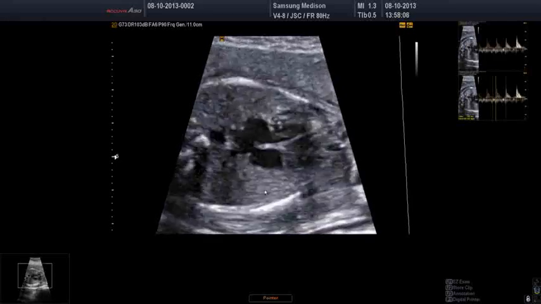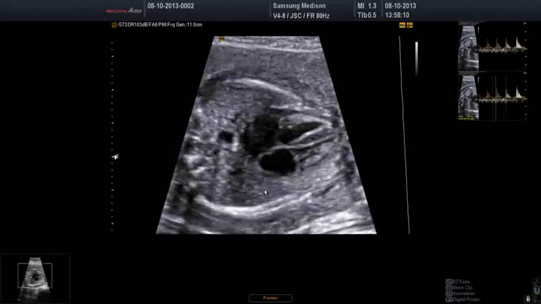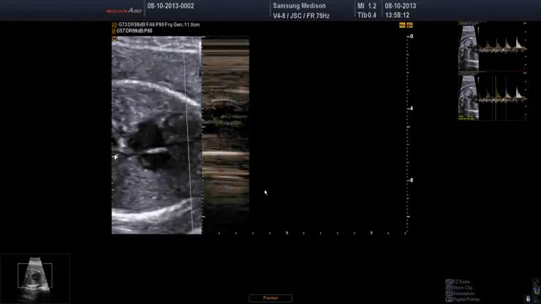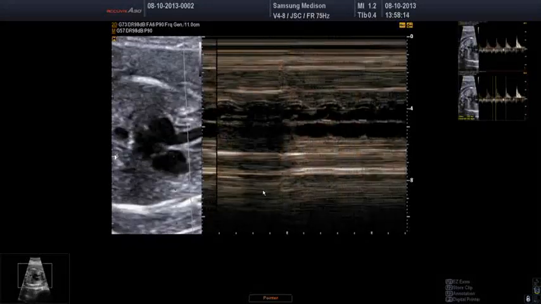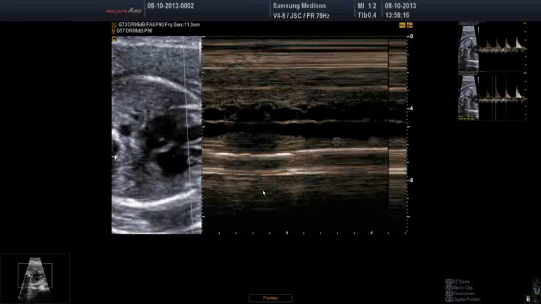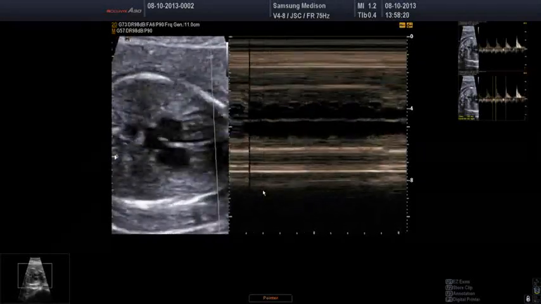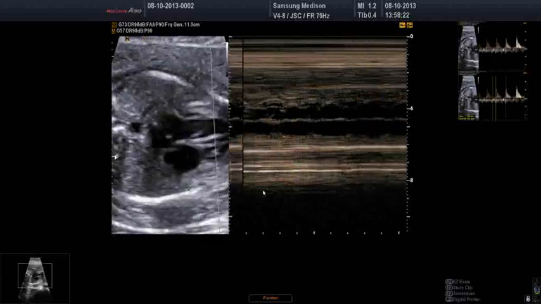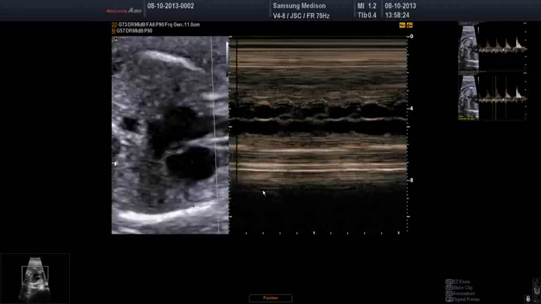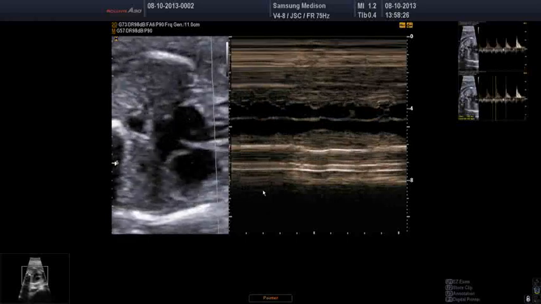And I think I'm going to start perhaps with an M mode, just because the baby's in a reasonable position for that. And I think a lot of people have trouble sometimes identifying what you see on the M mode. I just want my M mode a little bit bigger.